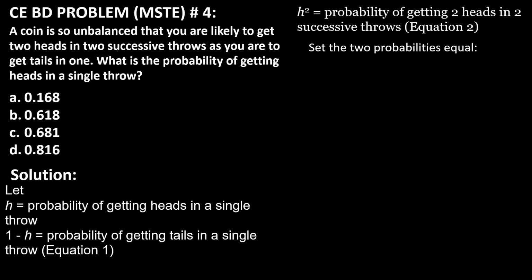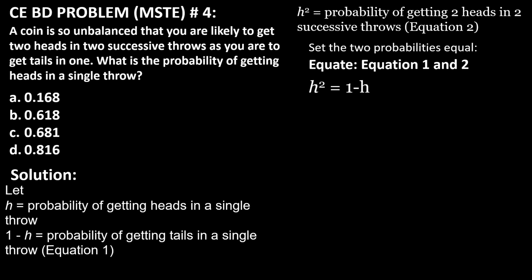After obtaining the two probabilities in terms of equation 1 and equation 2, the next step will be to set the two probabilities as equal. And since the two probabilities are equal, we can then equate equation 1 and equation 2 as shown below.